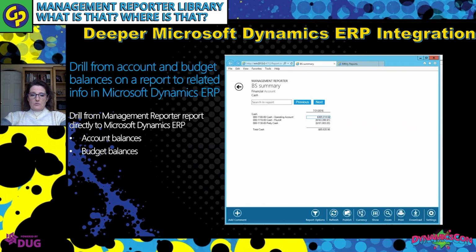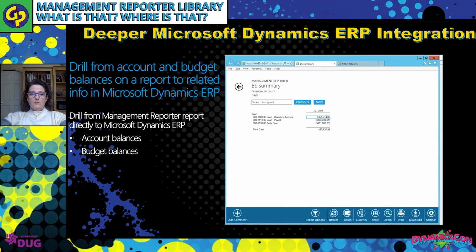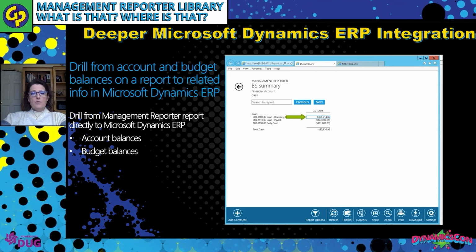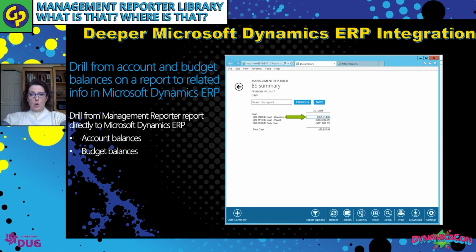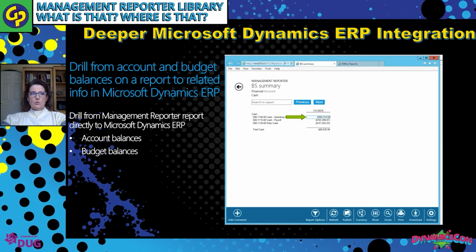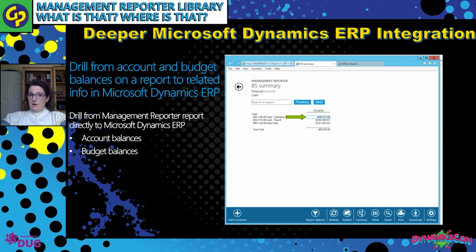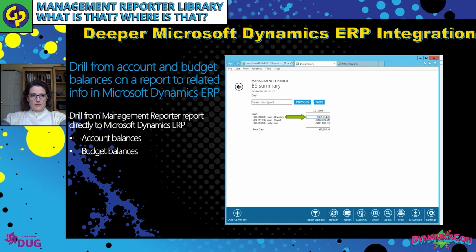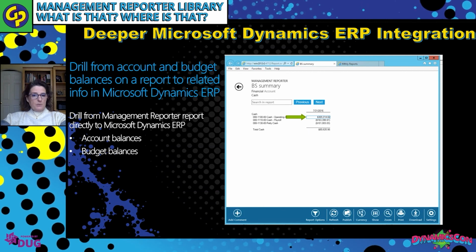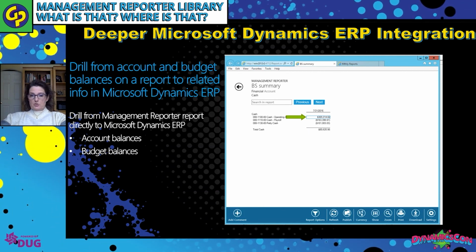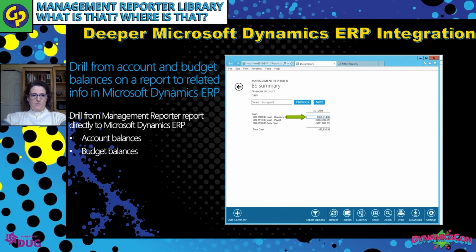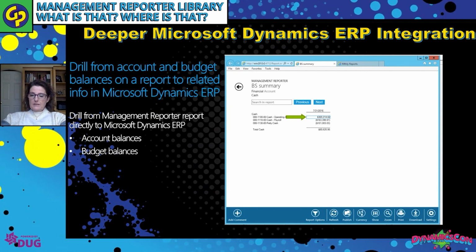So once you get down to the account level, if you drill onto it, now this does require that you actually have GP open already. And if you're running a single company, you need to be logged into that company. So if you've got multiple companies, whatever company you're running the report for, whatever company you're trying to drill into, you have to have that company open in GP.